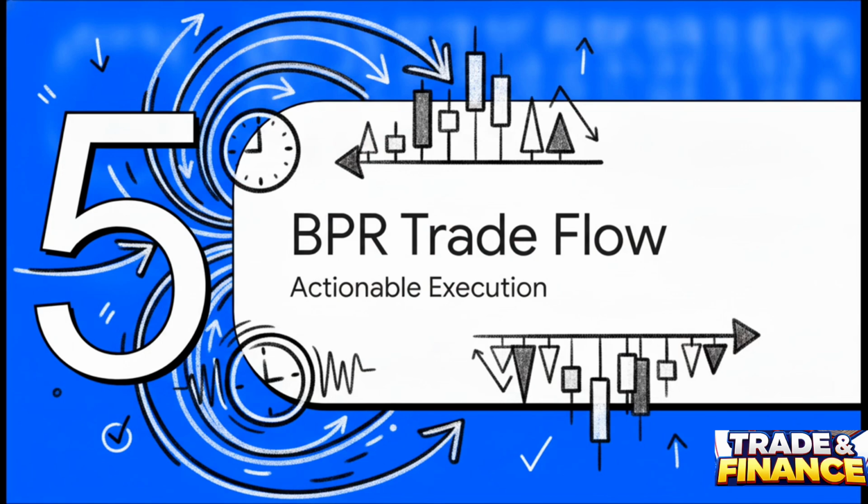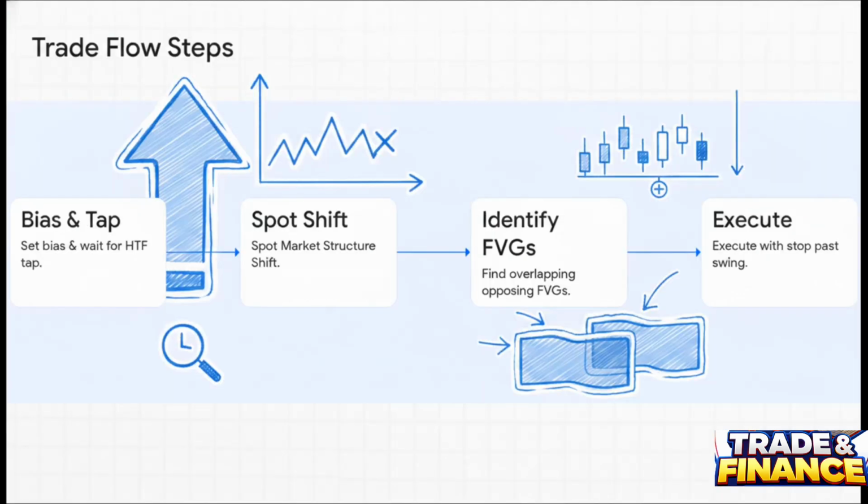Moving into the execution side of things, Section 5, the BPR trade flow. Let's see how this builds into a highly structured, repeatable flow on your charts. Step 1, set your daily bias. And above all, exercise patience. Wait for price to tap a higher time frame point of interest. Please don't preposition. Step 2, drop down to a lower time frame, maybe the 5-minute, and spot a clear market structure shift in the direction of your bias.